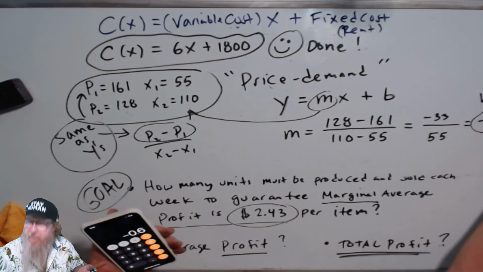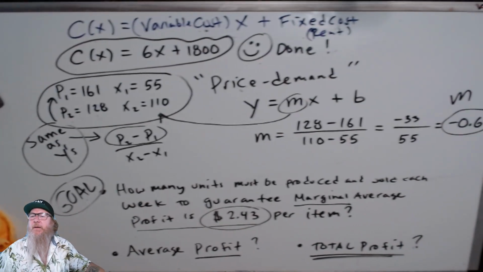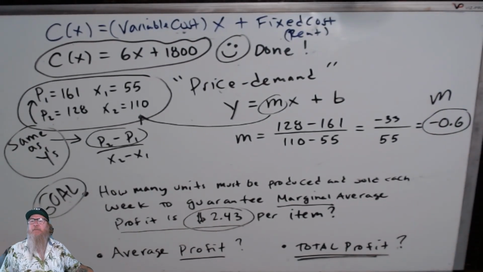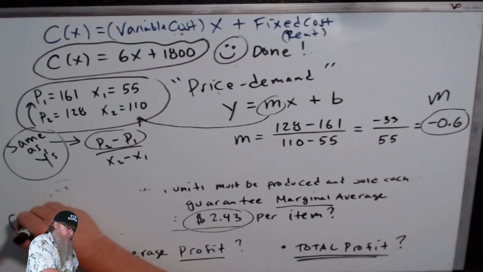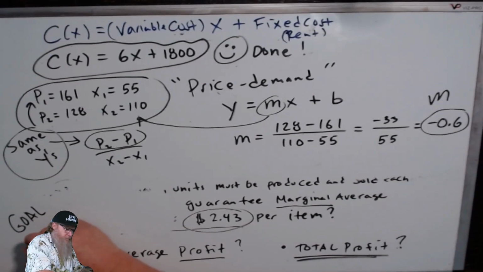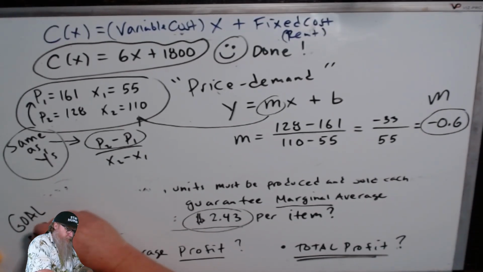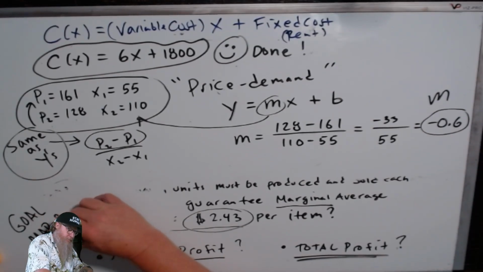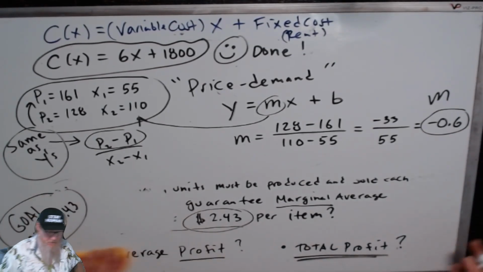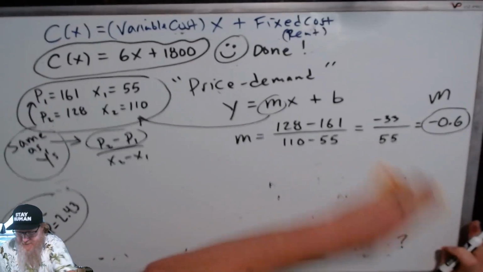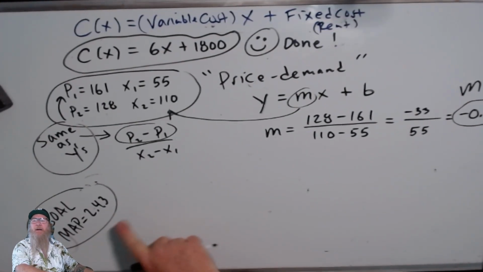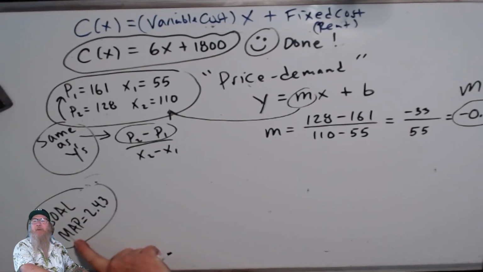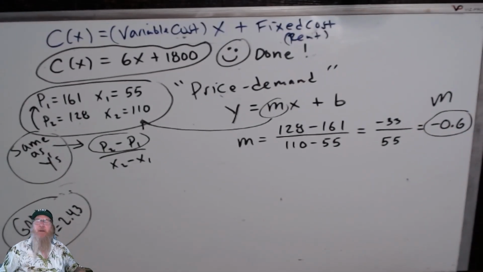So that's my M. Negative 0.6. I just wrote down my goal here. My acronym is MAP, Marginal Average Profit, just so I don't forget what my goal is.